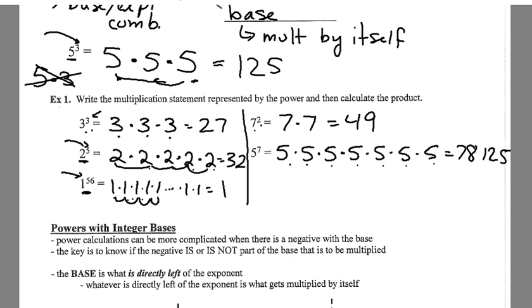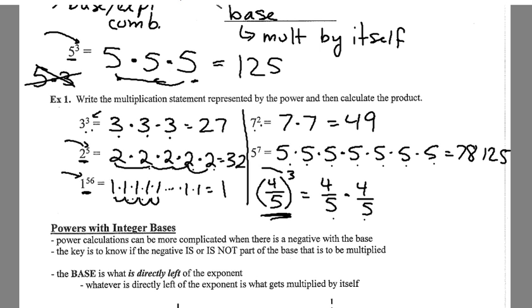78,125. Now, an example that's not on here that can be useful and something you should be familiar with, if we had 4/5, all of that to the exponent 3. Well, in this case, our base is a fraction, and there is no difference in how we approach it. Base is 4/5.